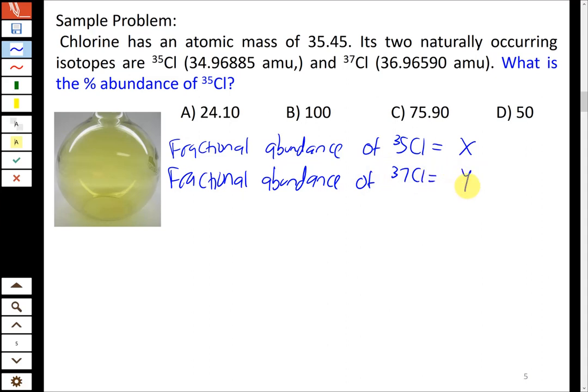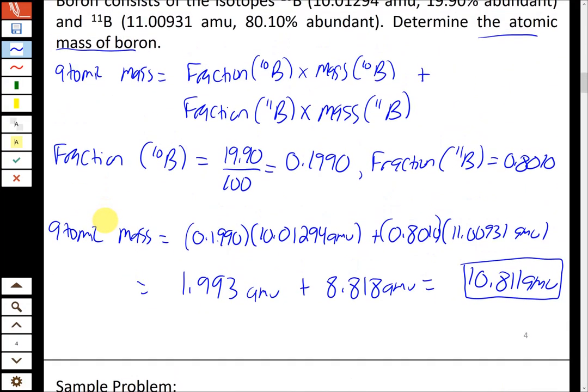Okay, so those are going to be the two fractional abundances. Now, the problem is that when we have the definition of atomic mass, this equation up here, just swapping out the different isotopes, we only have one equation, but we're going to have two unknowns, each fractional abundance, x and y.